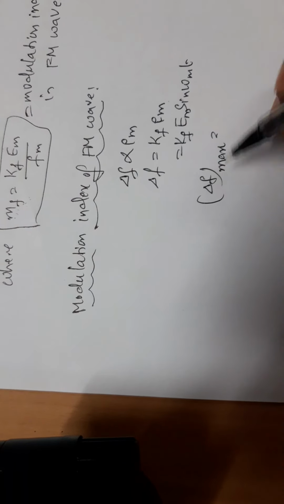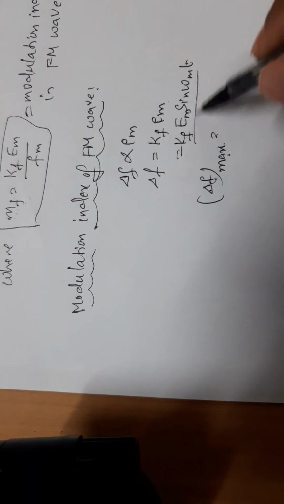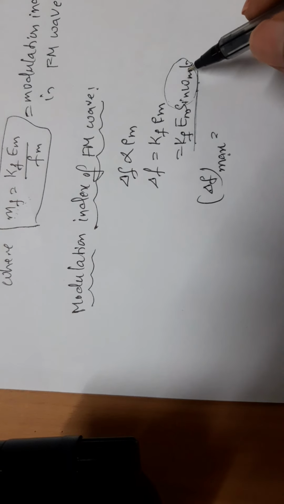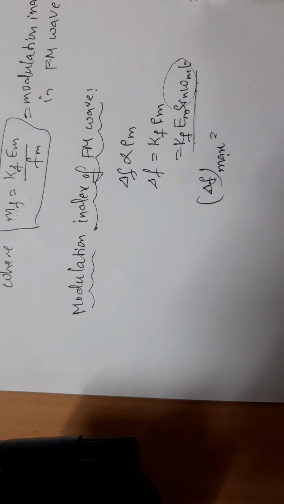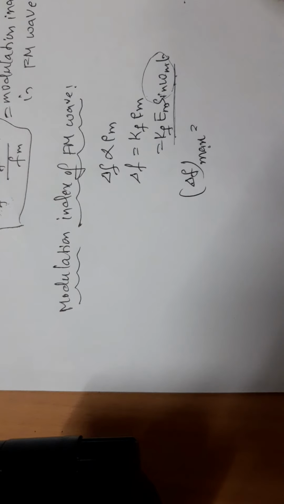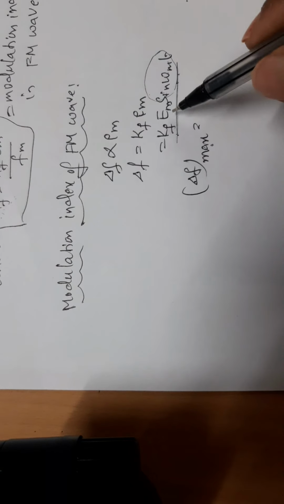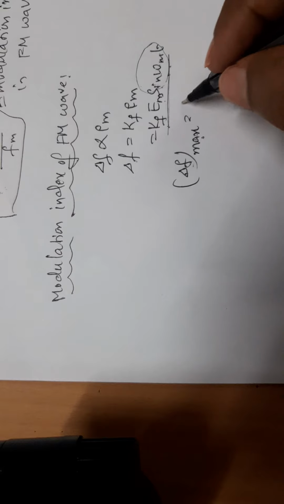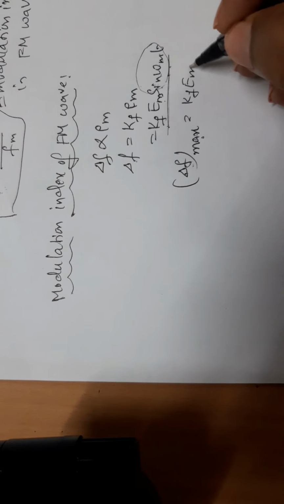The maximum value of sine omega mt is 1. The maximum value of cos theta is 1. So the maximum value of all trigonometric functions is 1. Therefore, if delta F equals KF EM sin omega mt, then delta F maximum is KF EM because the sine becomes 1.